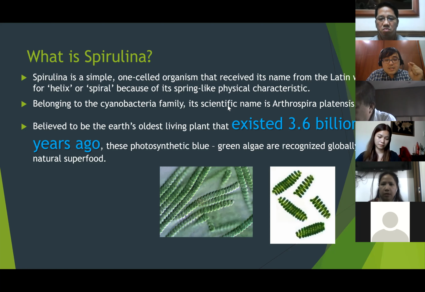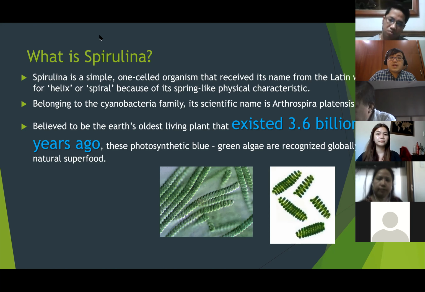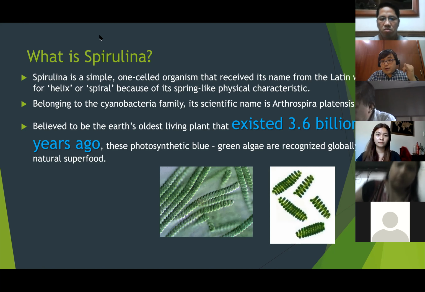So the DNA is a premium DNA that has a lot of secrets for survival. Spirulina is that, because it survived for 3.6 billion years already. Until today, spirulina has 6 world records.